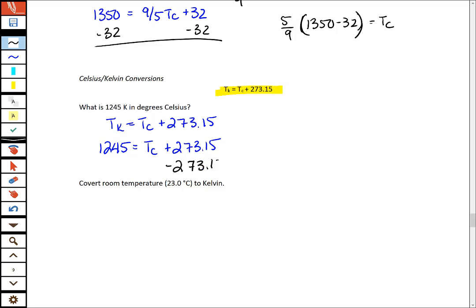Well, subtract from both sides. So here you should be able to employ your significant figure rules and go through this process to get a correct number of significant figures here. And that's going to be your TC.